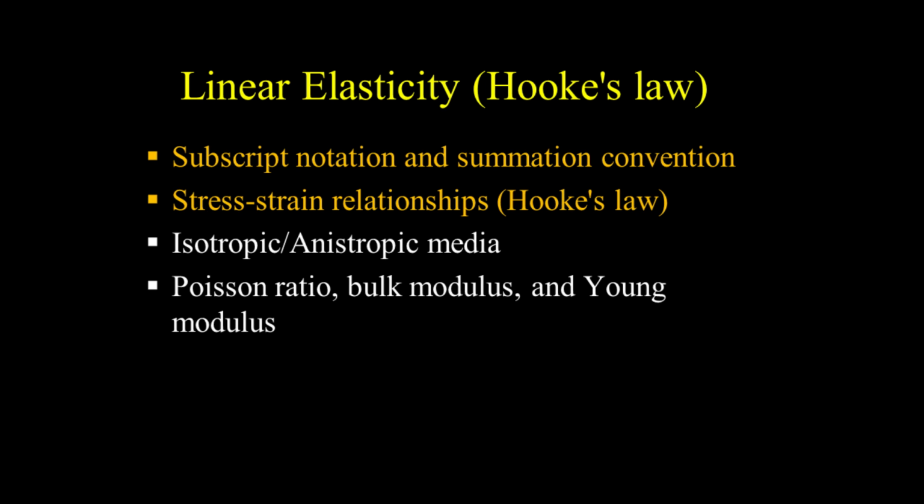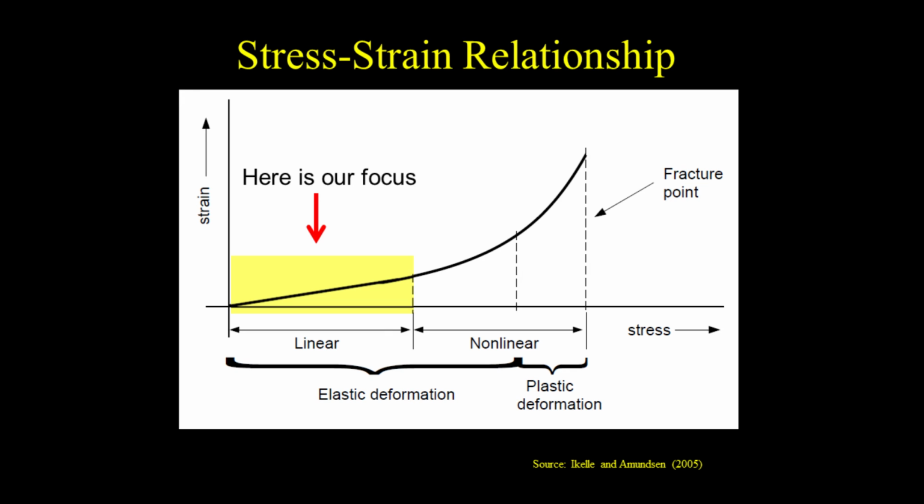We're now discussing stress-strain relationships, also known as Hooke's law for small deformations. Again, understanding this relationship is the main learning outcome of this lecture. In an elastic body, stress depends only on the strain, and vice versa.